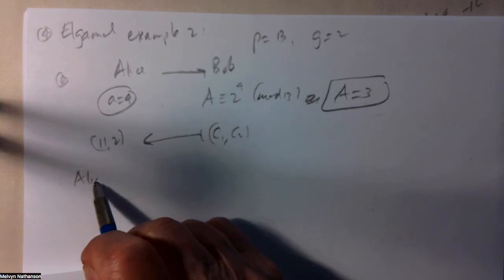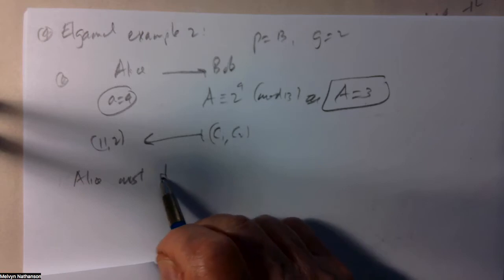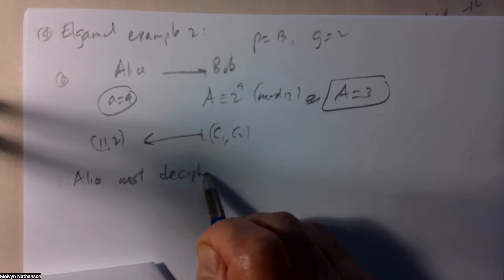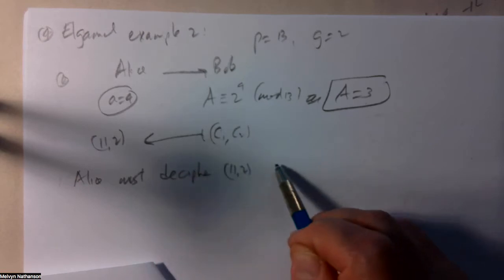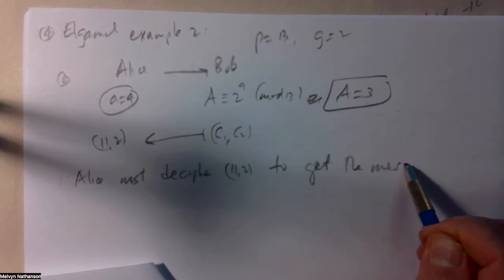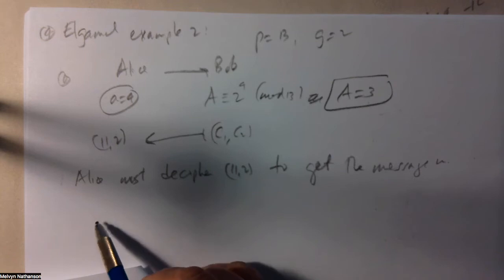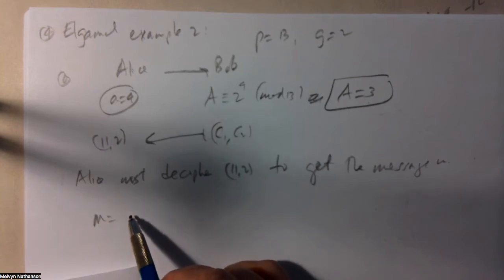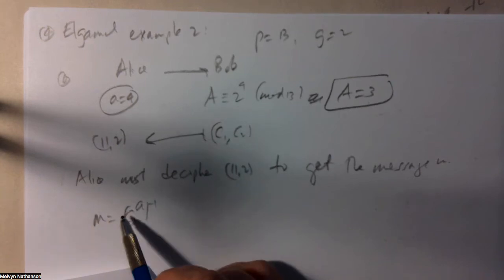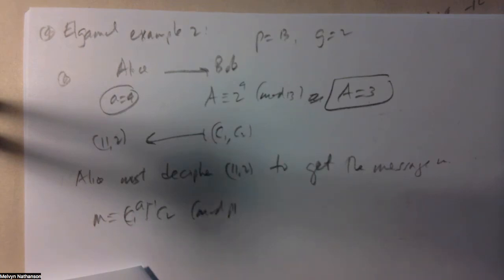And Alice must decrypt, decipher, decode 11, 2 to get the message M. And what does Alice do? The message is C1 to the a inverse times C2 mod P. That's what Alice has to calculate.